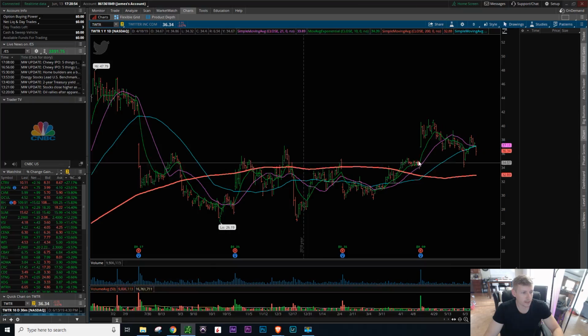The green, most closely following price, is a 10 period. So to get this point right here, it's going to add up the past 10 days' closing prices and divide by 10, and it gets a kind of lagging curve.